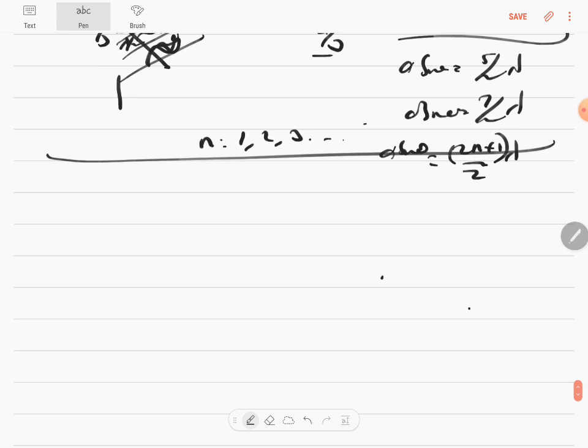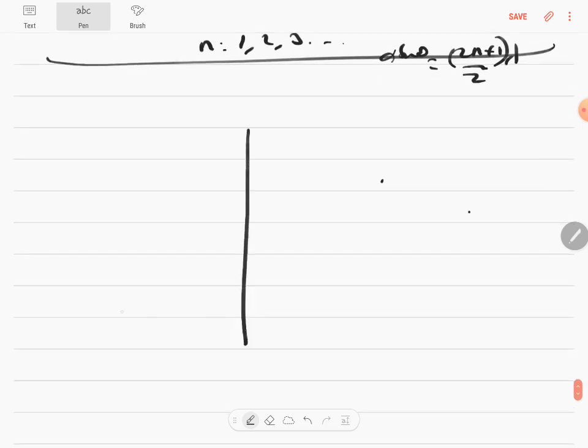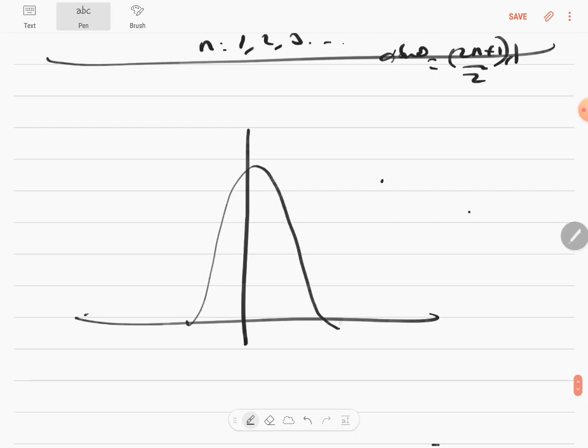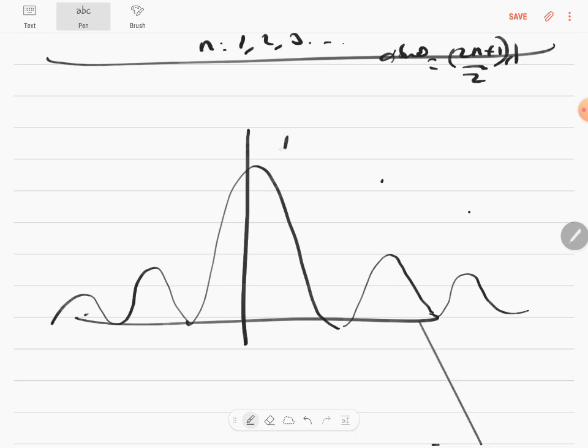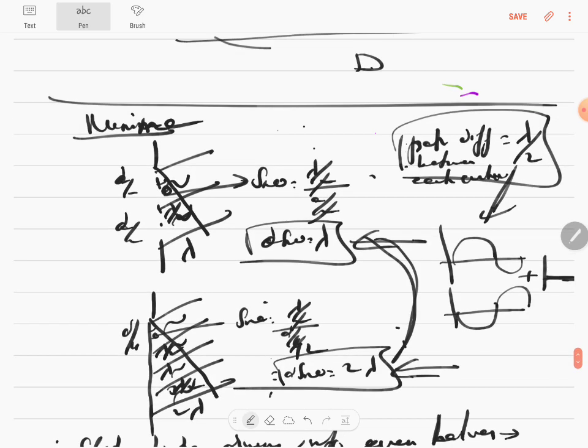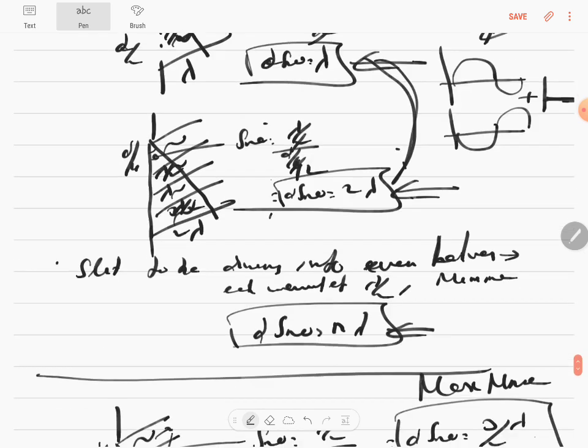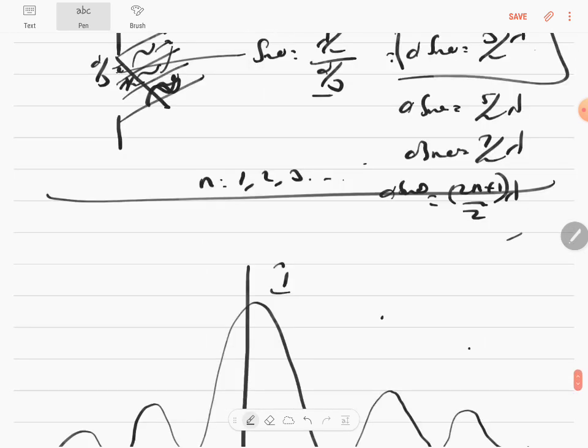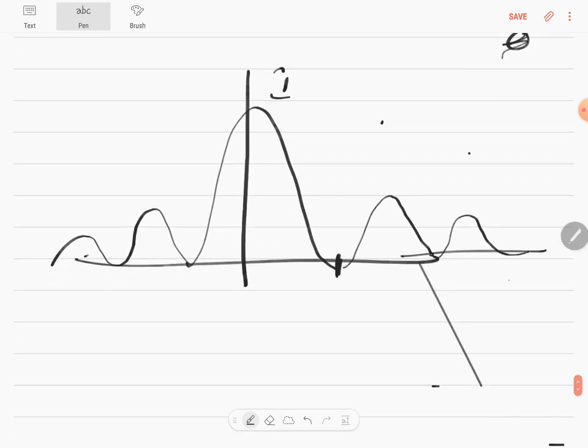Let's figure out the diagram that has been given like this, where the intensity is like this, and the fringe width is also reducing, and the intensity is also reducing. This is intensity versus theta, not position.